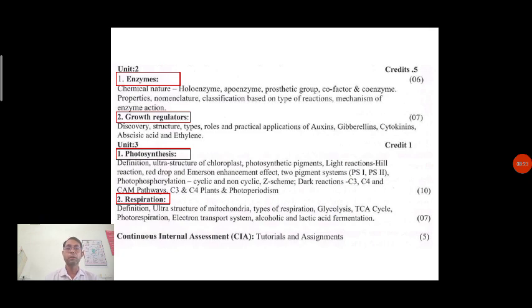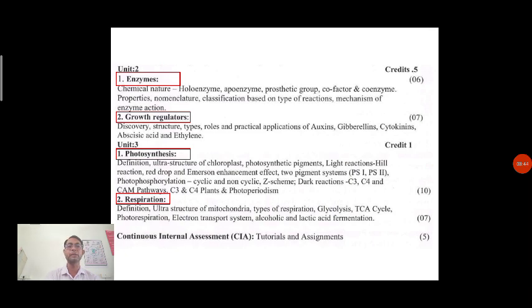Now the most important part is the continuous internal assessment. That continuous internal assessment is to be conducted as tutorials and assignments. So in between the syllabus completion we also have to concentrate on the tutorials and assessment.